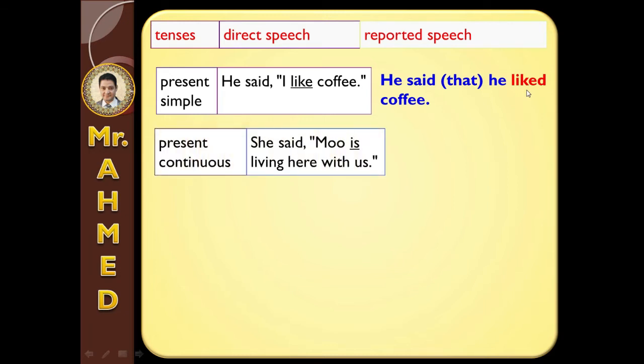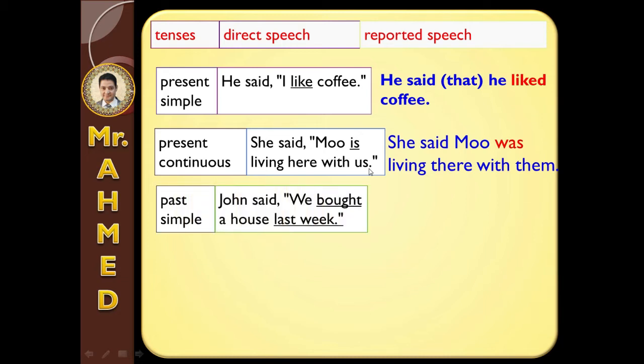Another sentence, present continuous. She said, "Moo is living here with us." We will change it like this: She said Moo was living there with them. Past simple. John said, "We bought a house last week." John said that they had bought a house the week before.